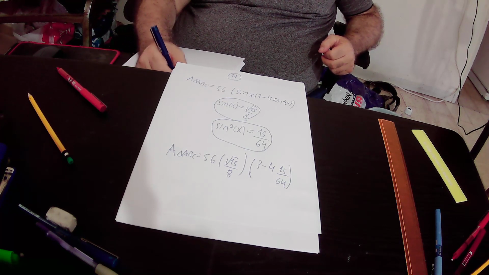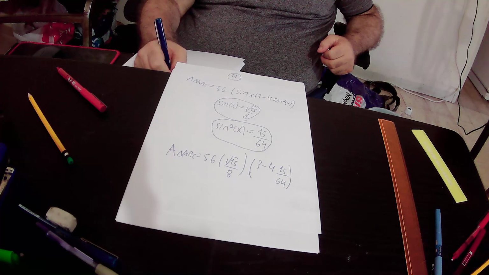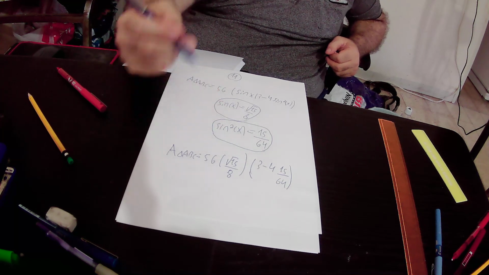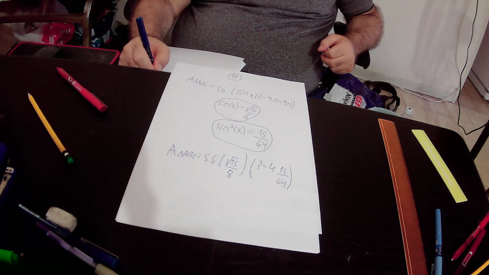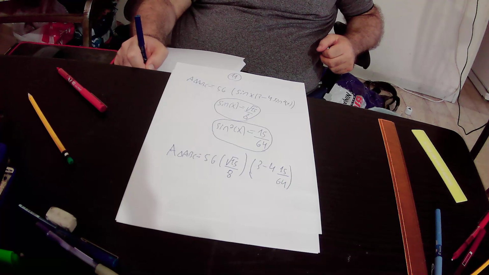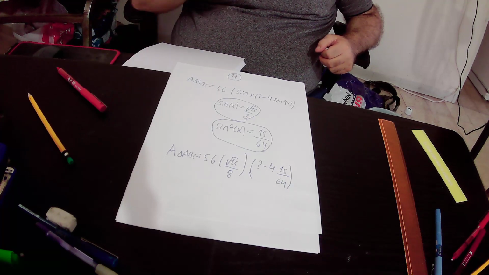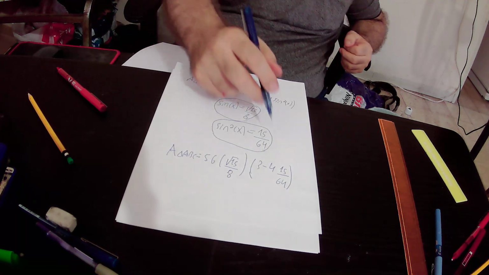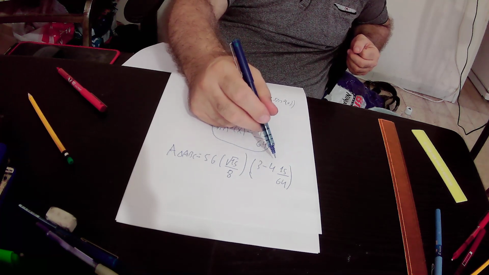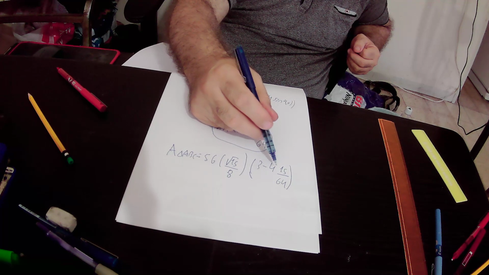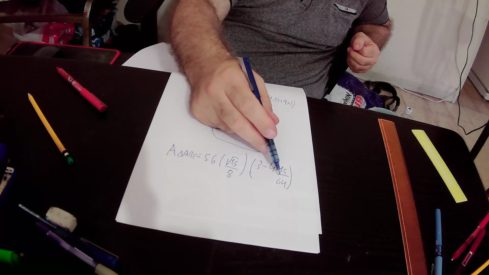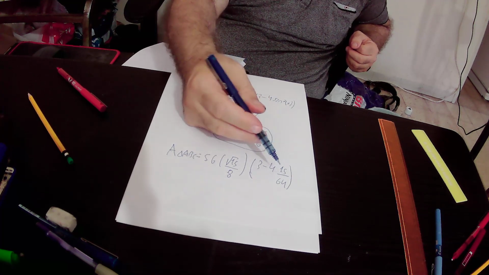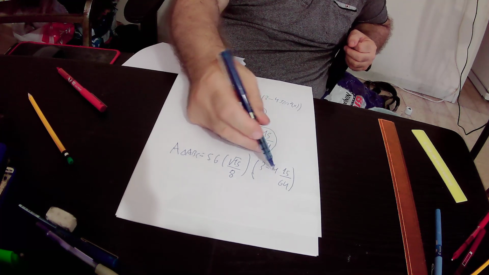So actually the area of triangle ABC equals 56 over 8 is 7. So it is 7 times root 15 minus, we can cancel 4, and 64 over 4 is 16, and here 4 is cancelled.